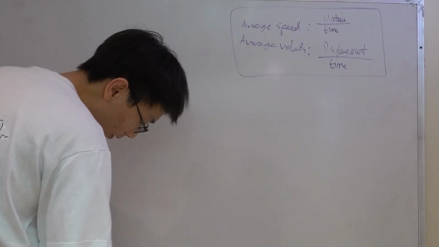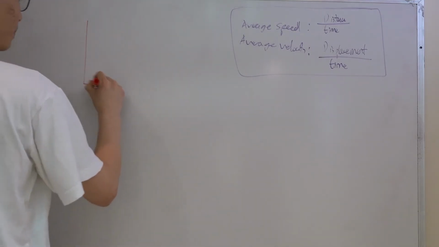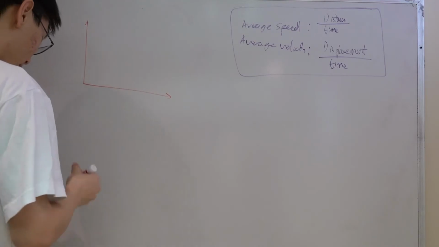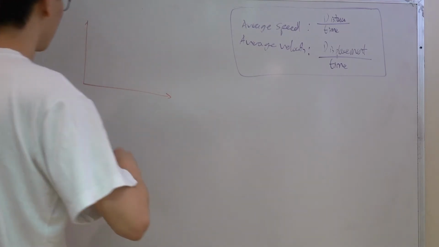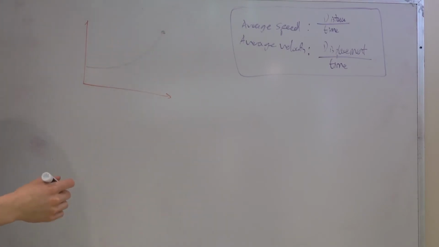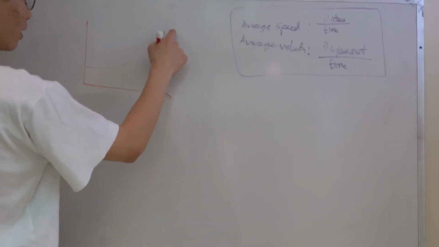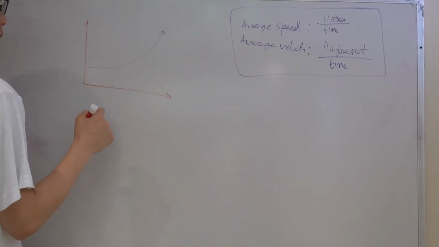All right, so let's draw that graph again, and let's make it simpler this time. So again, average velocity would be your displacement over time. Now, your displacement is your final position minus your initial position.